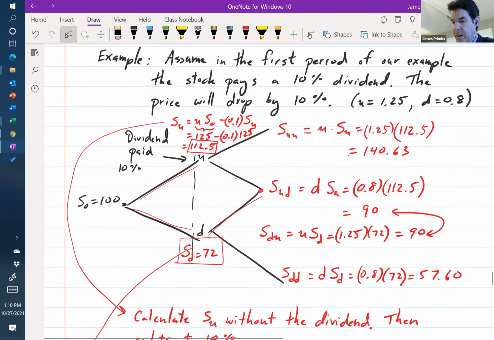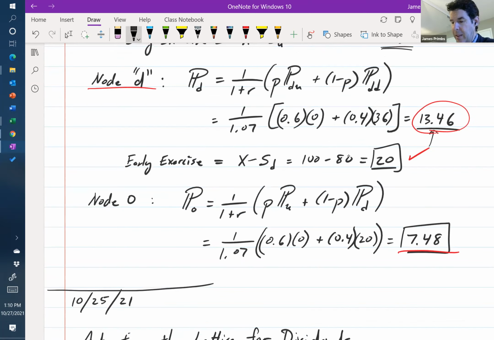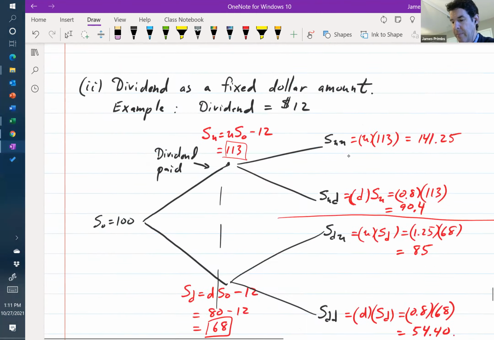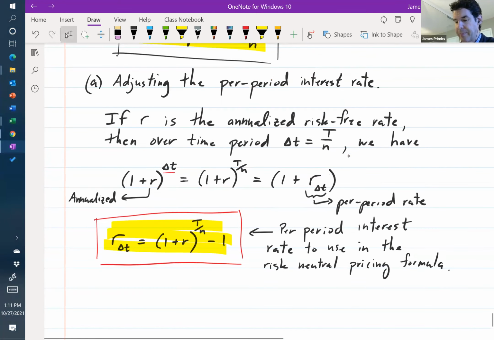Sorry about the scrolling. If I scroll back to a problem that we did, we had this risk neutral pricing formula, and right there it said 1 over 1 plus R. What you will actually use is that R, what I'm now calling R delta T. That will be the per period interest rate, the interest rate that you are using there. This formula starts with an annualized interest rate and then converts it to a per period rate. I'll do a numerical example in a minute, but let me get the last formula down.